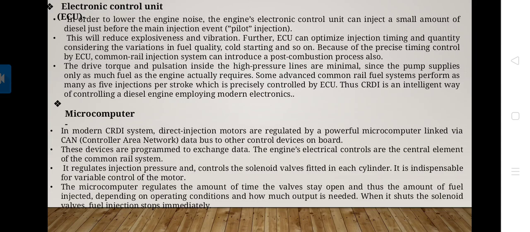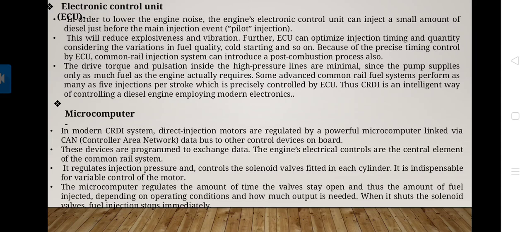But in conventional non CRDI systems, the interval between injections and the fuel quantity are determined by mechanical components. In CRDI systems, the interval and timing are all controlled by the central controller or the microprocessor, which is also based on the electronic control unit.